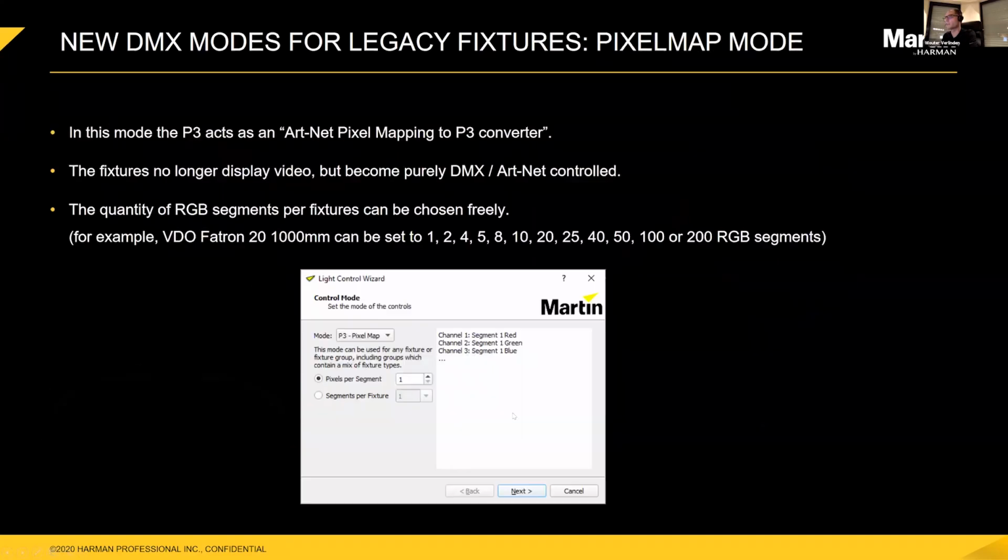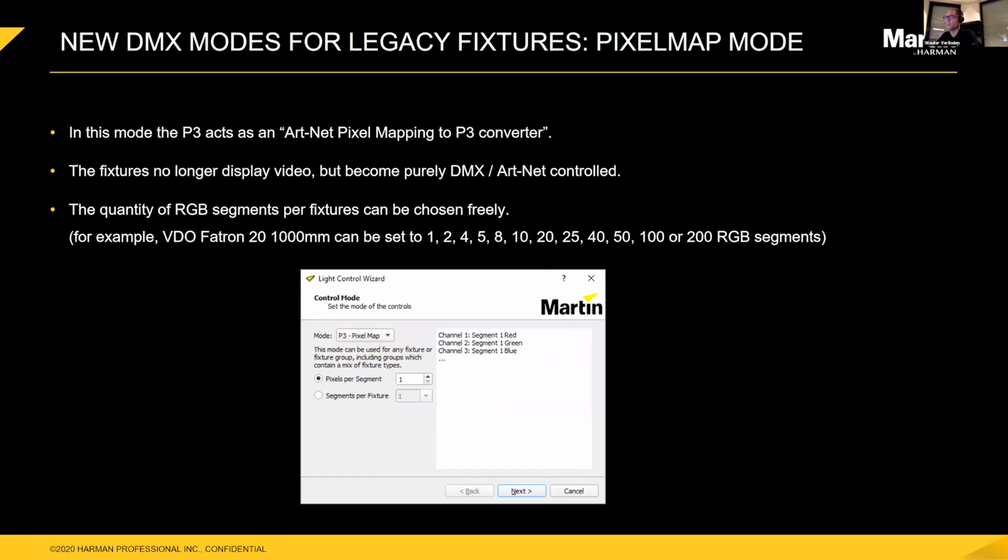Then we have the second new mode, which is the pixel map mode. The pixel map mode is essentially the same as the hybrid mode, but we no longer have a dimmer channel and a P3 switch channel. Not having these channels means that as soon as you patch a fixture in pixel map mode on the P3, it will never play video again until you disable the DMX again.